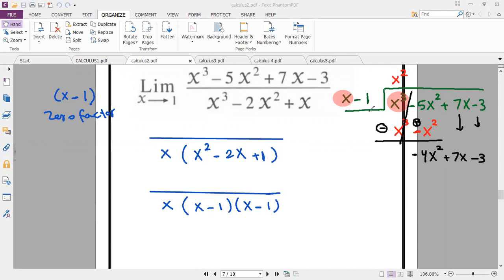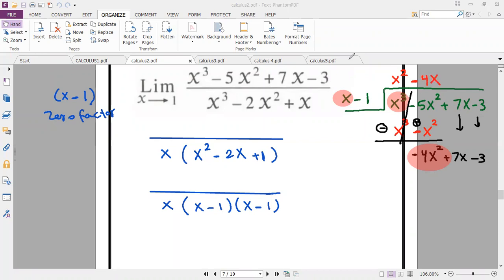Then follow the same steps. Divide the first by the first. Negative 4x squared divided by x: negative divided by positive is negative, and 4 divided by 1 is 4, and x squared divided by x is x. Then multiply by all.